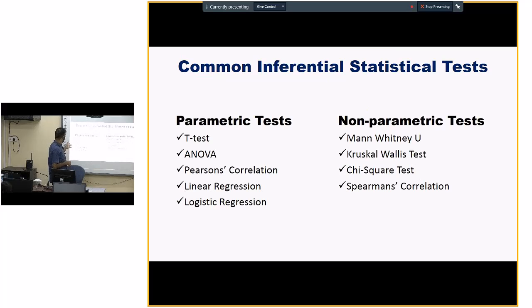For example, now you can see Pearson correlation coefficient to measure the relationship between two quantitative variables. Now, if we need to measure the relationship between sales and advertising cost, you can use Pearson correlation coefficient.